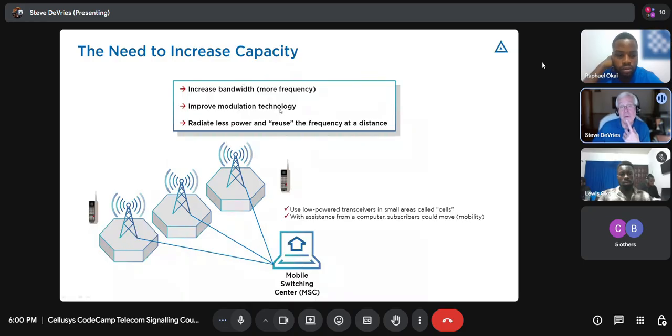The other way you can increase is improve your modulation. There are different techniques to modulate. Modulation is what you're doing on the air interface. It's how your voice is converted so it can be used on the air interface. Up until the 1990s, this was analog, just like a frequency modulated FM radio.